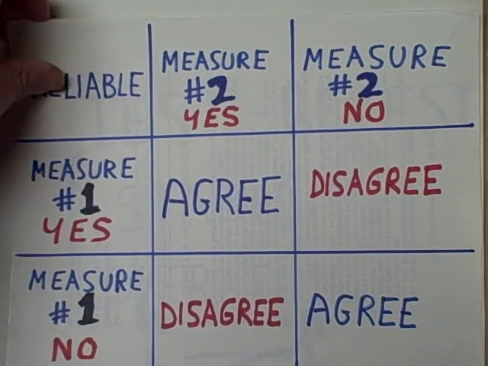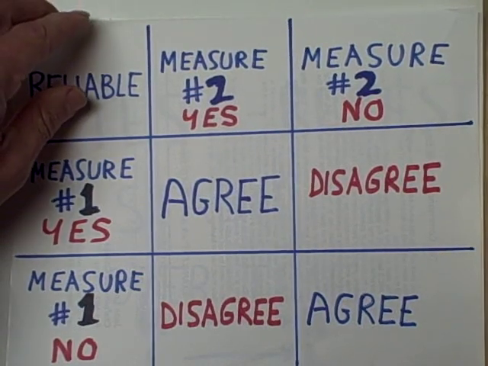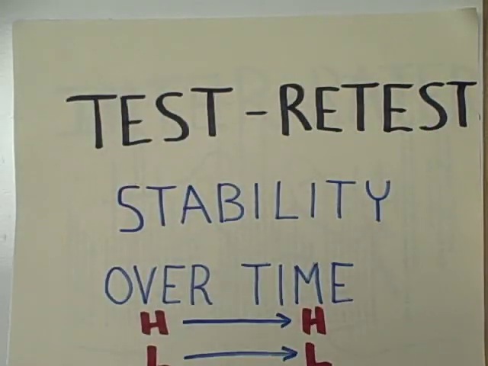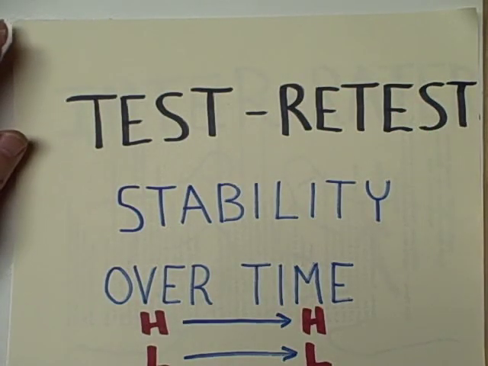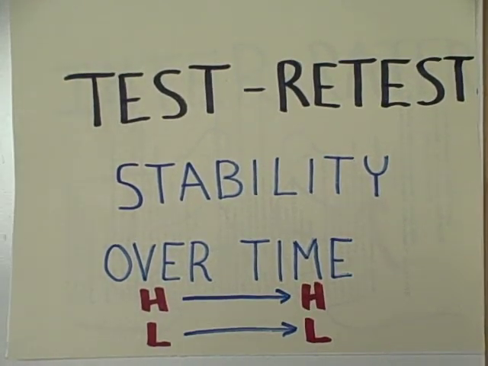We have reliability. Now there's several different types of reliability, and perhaps the major issue of reliability is what we call test-retest reliability. In other words, if we're going to give a test more than once to the same set of subjects, are we going to get similar scores over time?